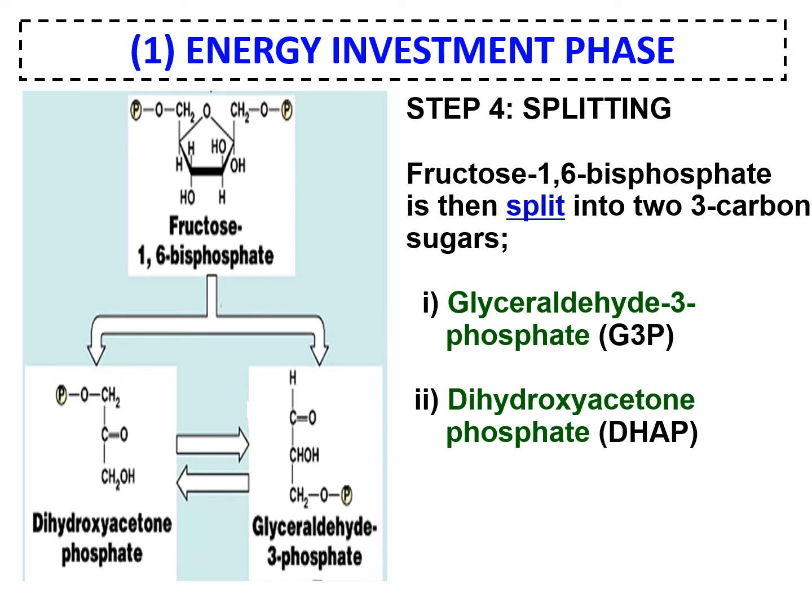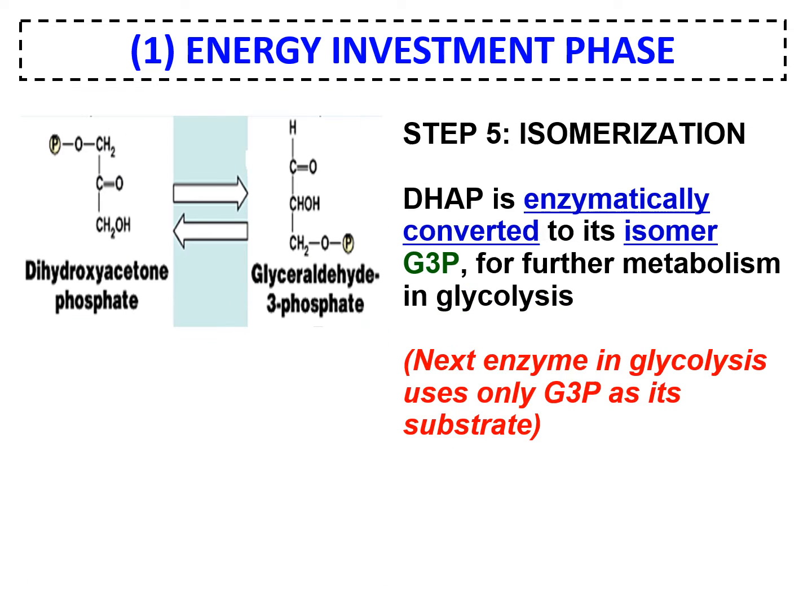Fructose 1,6-biphosphate splits into 3-carbon sugars, glyceraldehyde 3-phosphate and dihydroxyacetone phosphate. The dihydroxyacetone phosphate is converted to its isomer glyceraldehyde 3-phosphate to continue with the steps of glycolysis.